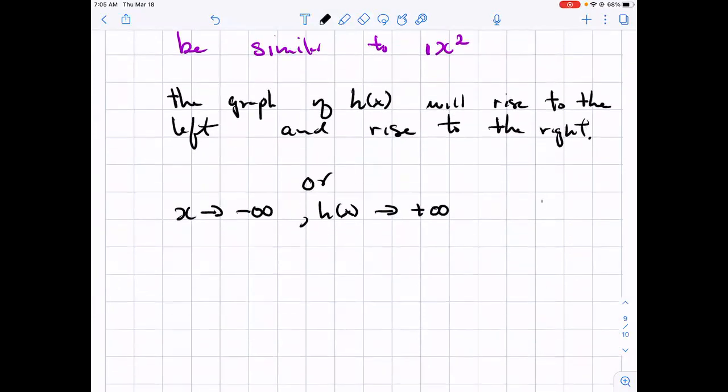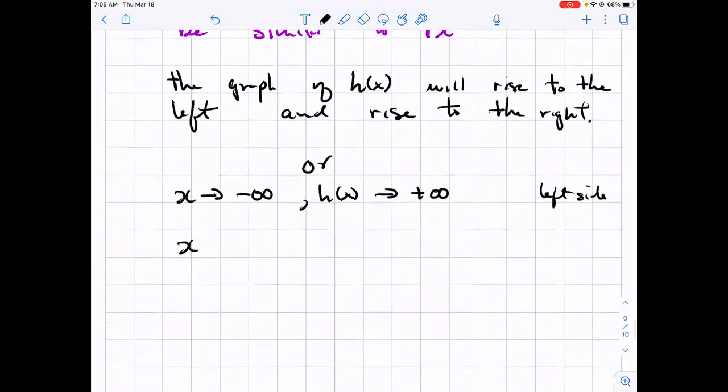This is the left side. And then as x approaches positive infinity, h of x will approach positive infinity. This is the right side. So just by looking at the leading coefficient and the degree, you can tell the behavior of the ends.